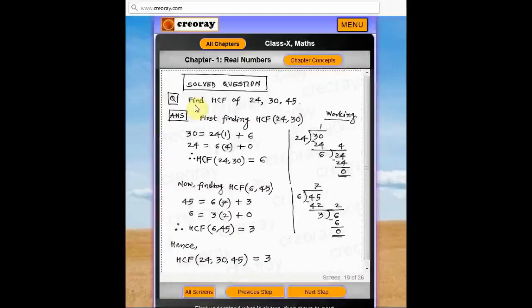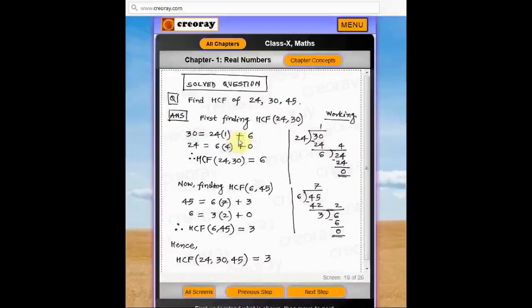Let's see it with a solved question. So the question is, find HCF of 24, 30 and 45. So pick your two numbers, 24 and 30. So first part is 24 and 30 HCF. I will do it by division and then continue till I get 0.